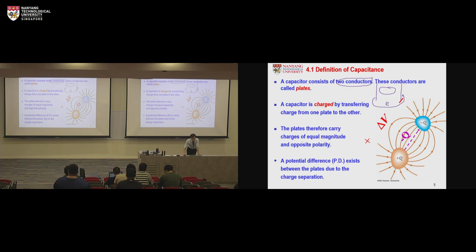And in terms of the amount of charge you can store, this is always valid: you must have one positive and another negative, and the value of these two must be the same. One positive Q, another negative Q. So this is some basic property.